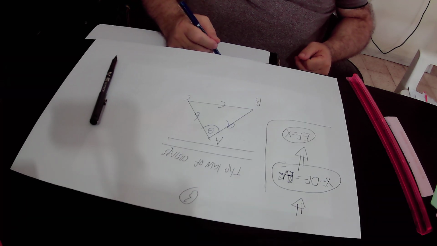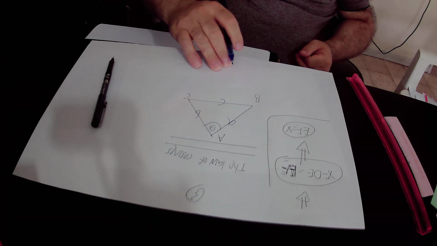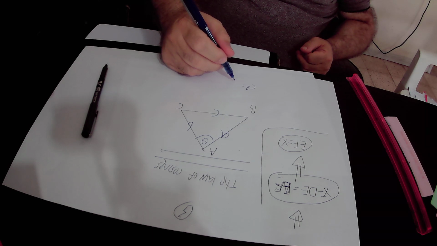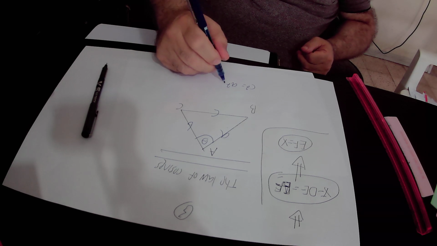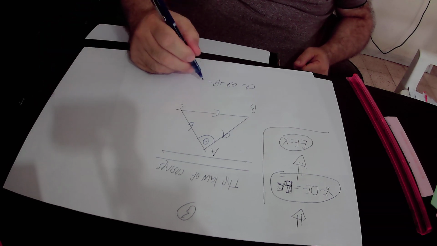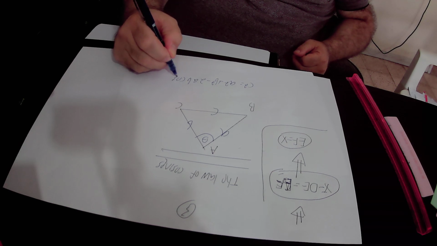Then the following equation is true. C squared equals A squared plus B squared minus 2 times A times B times cosine theta.